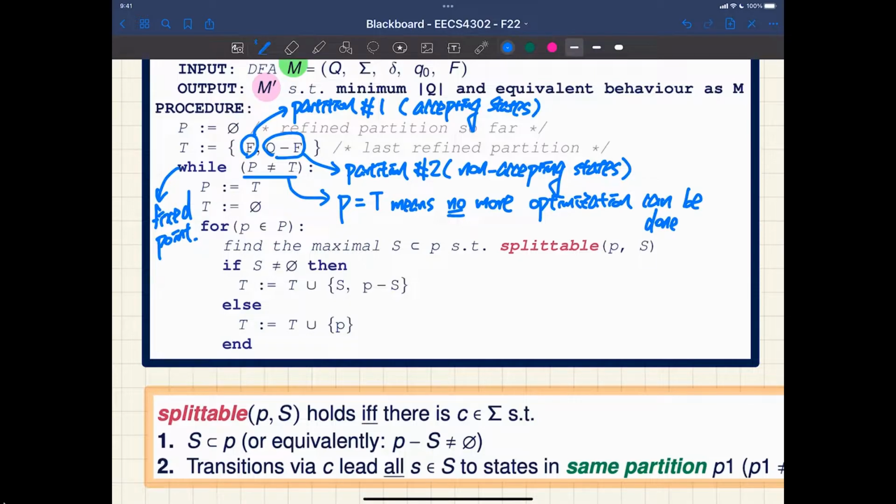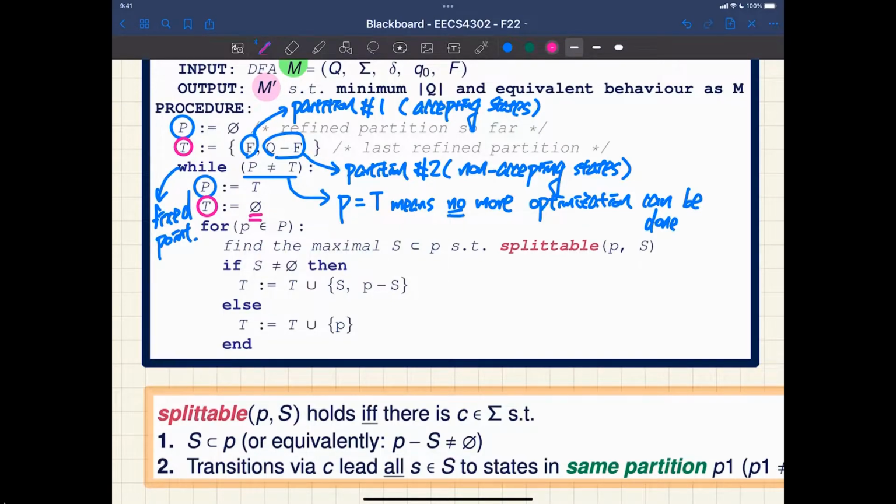Now, I want you to take a very quick look at how we change the P and T. You can see P is here, and P is here again. And T is over here, and T is over here. T at the beginning of every iteration is simply set back to the default, just the empty set.